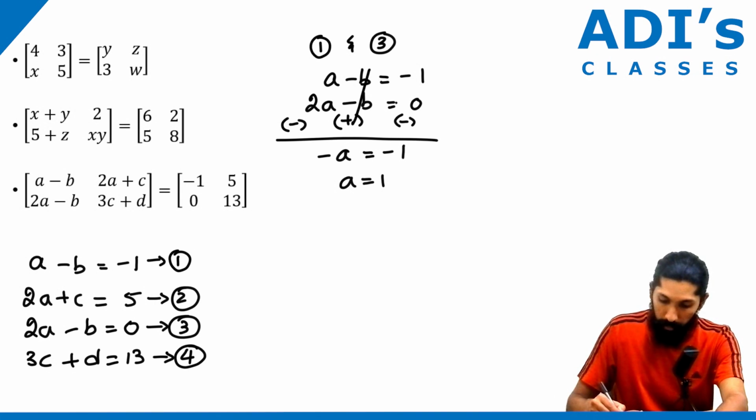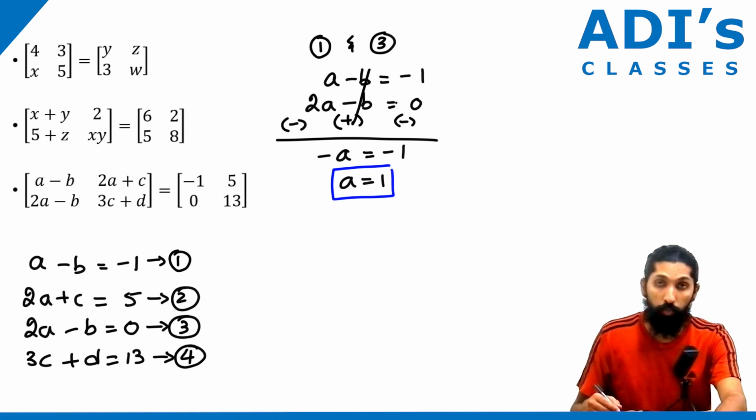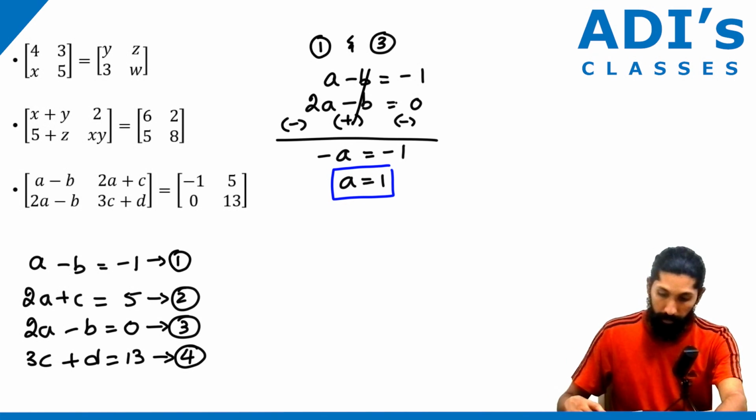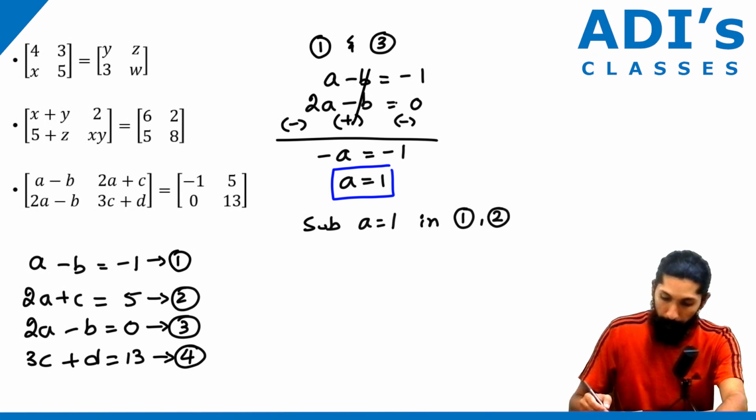So once we got the value of a as 1, now it's all about substitution, correct? So substitute a value as 1 in equation 1, equation 2, equation 3. You will pretty much get the value of b and c, correct? So substitute a is equal to 1 in equation 1, equation 2.